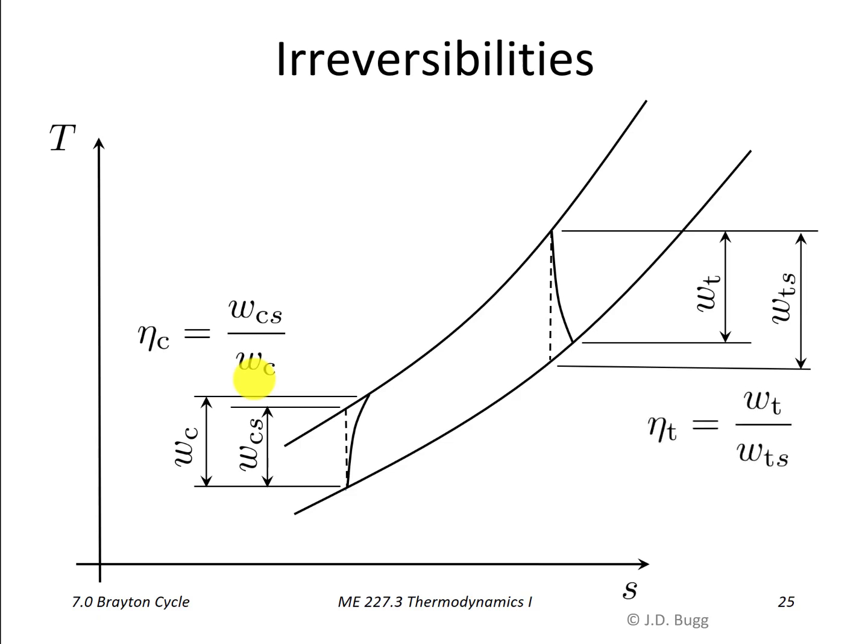So the isentropic efficiency of the turbine is the real work divided by the isentropic work. So notice these are inverted with respect to each other, but if we remember this little diagram and we remember that the efficiency is always less than 1, we can figure out which way these are. So the effect of irreversibilities on the Brayton cycle is certainly to decrease the efficiency of the cycle.